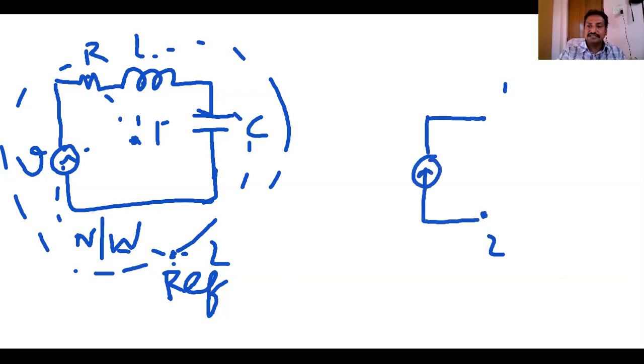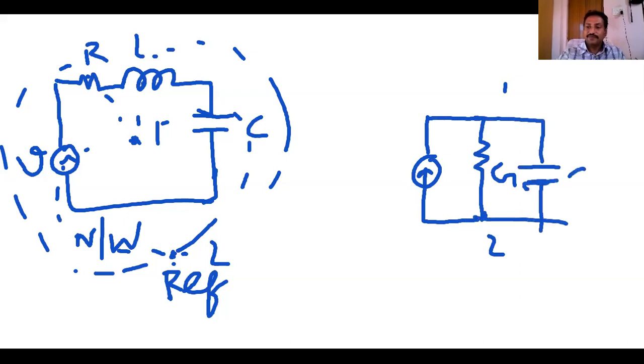The next element, a resistor, is connected as a conductance. The next element, an inductor, is connected as a capacitor. The next element, a capacitor, is connected as an inductor. The elements that were in series are now in parallel.